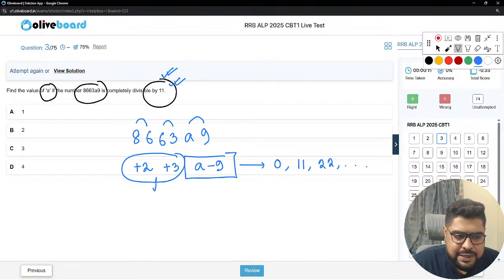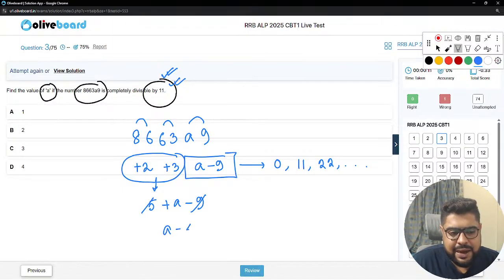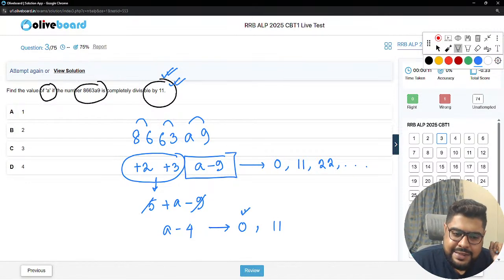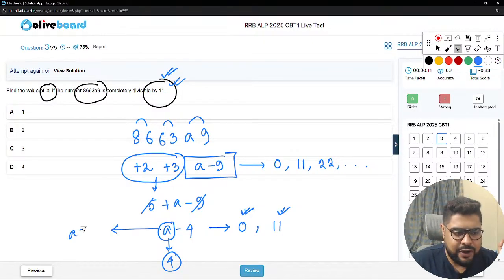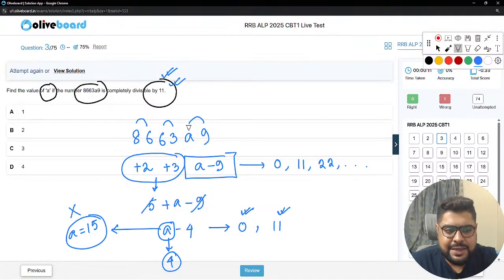It is plus 5, then A, then minus 9. So it is A minus 4, which should be 0 or 11. If I put A equal to 4, then 4 minus 4 gives us 0. If I want 11, then I should put A equal to 15, but that is not possible, because A is one digit.